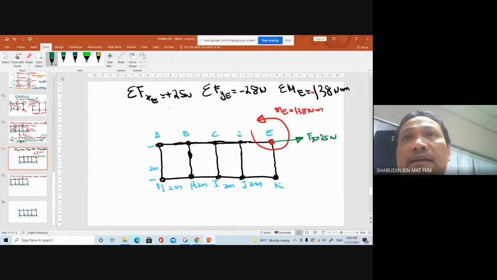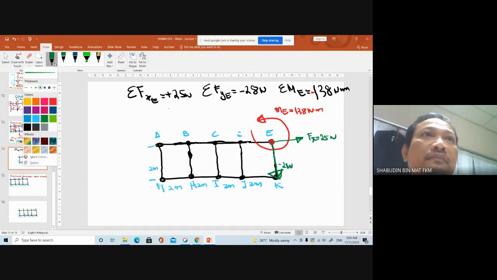Get the resultant at the point, and then Fy is negative 28 Newton there.